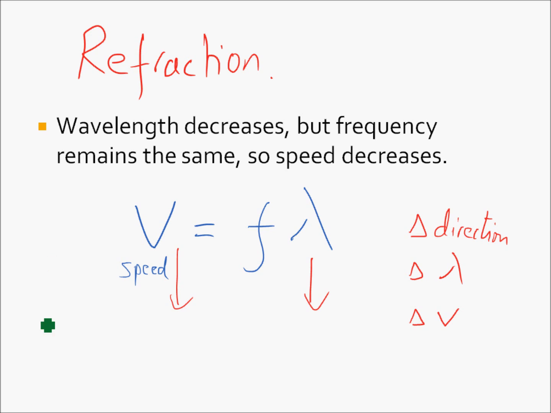One little side point that I really should make clear is that at this instance we're looking for a decrease. The speed's decreased and the wavelength's decreased, but this is from when we're going from air to glass. So we get a decrease if we're going from something which is less dense to more dense.